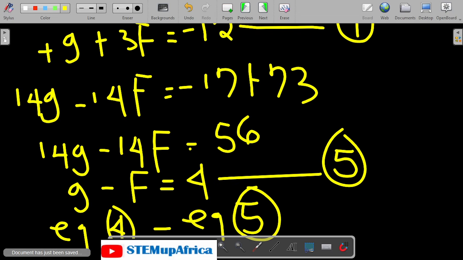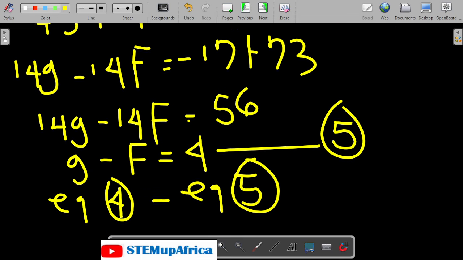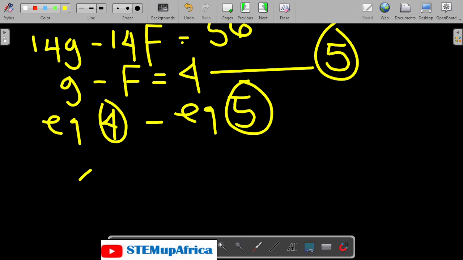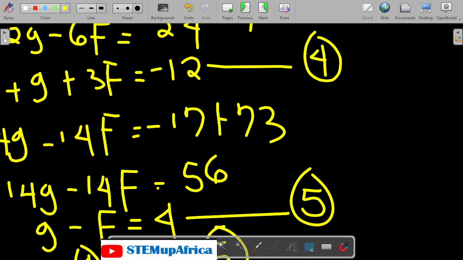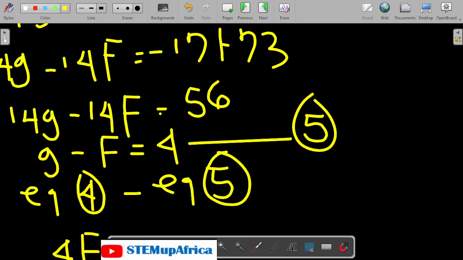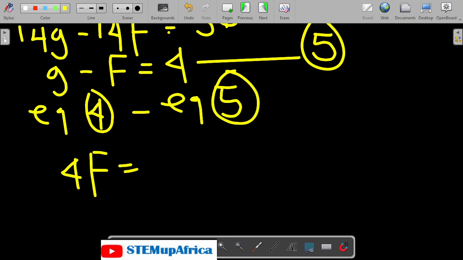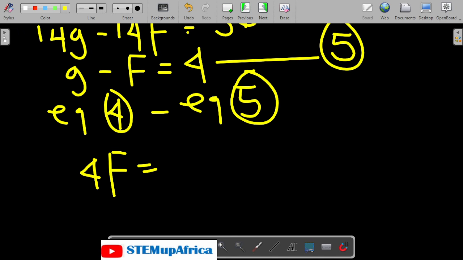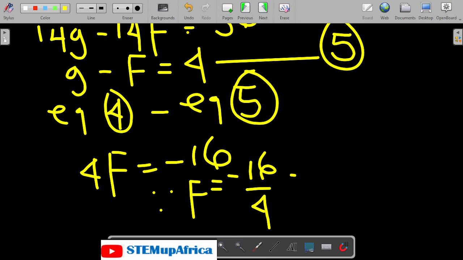So 3f minus minus f, that is 4f. Okay, so we're having 4f is equals to minus 12 minus 4, that will give us minus 16. Therefore my f is simply minus 16 over 4, that will give us minus 4.